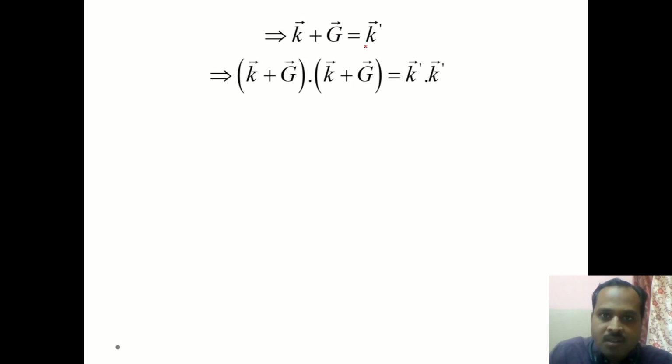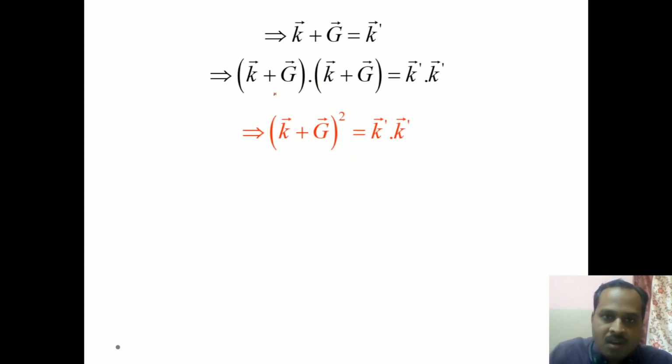k plus G is equal to k prime. Now you take the dot product, (k plus G) dot (k plus G) is equal to k prime dot k prime. So the dot product of any vector with itself can be written as the square of that particular vector.